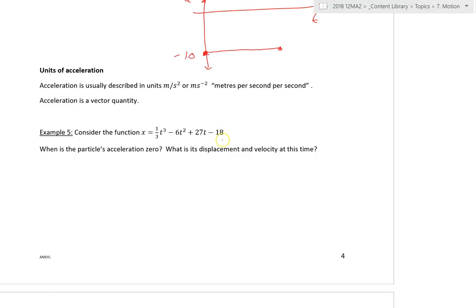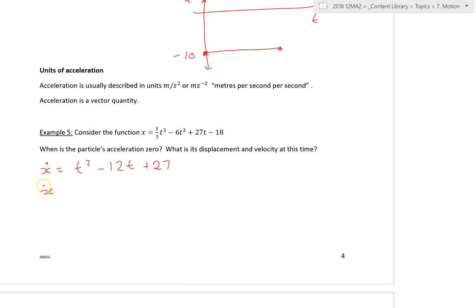Got a slightly more complicated function now. When is the particle's acceleration 0, and what's its displacement and velocity at that time? Well, so x, my velocity, let's do this first, is 3 times the third is 1, so you get t squared minus 12t plus 27.